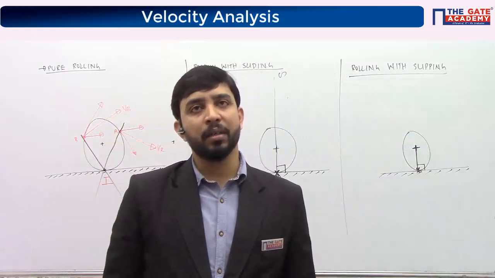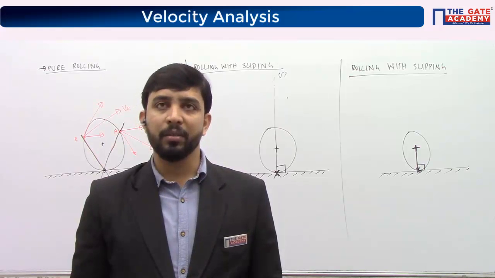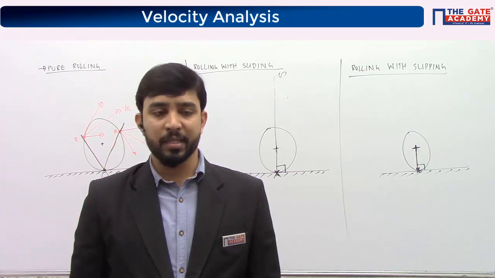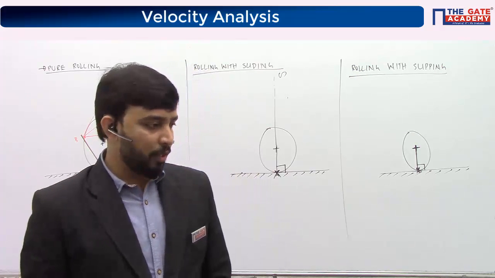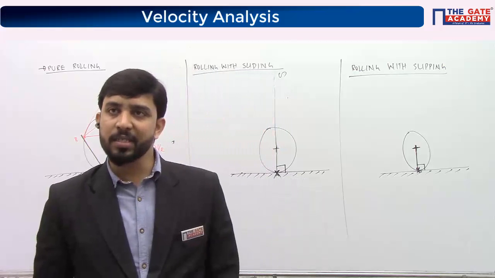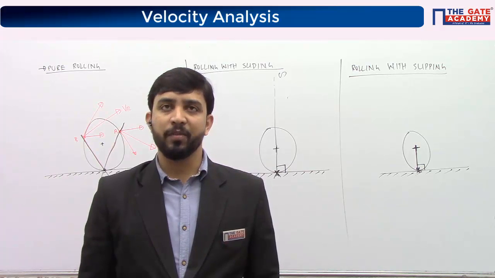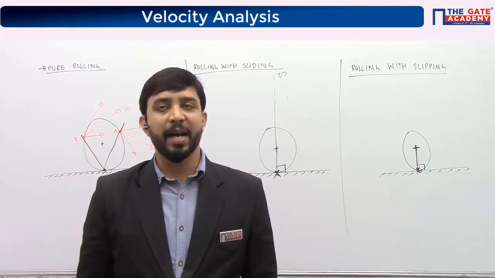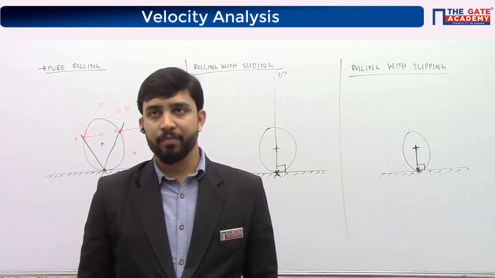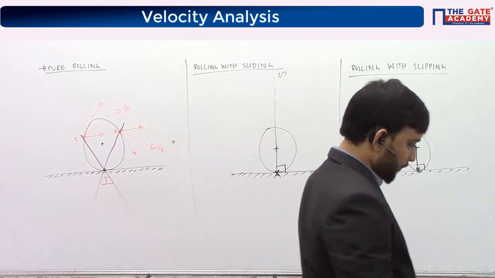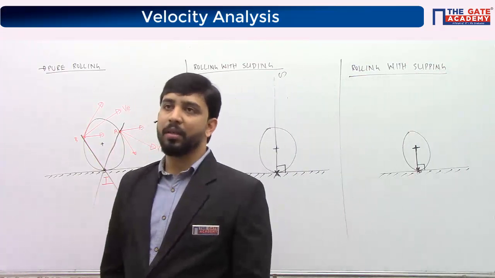We cannot exactly locate the instantaneous center for these kinds of motions, but we can specify the region where the I center may lie. We can specify that region, but we cannot exactly locate the instantaneous center.